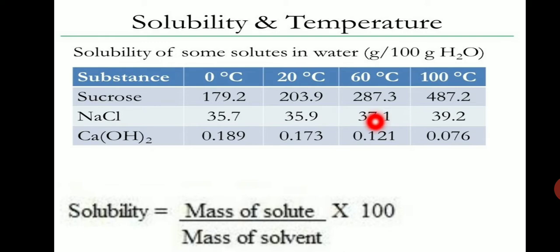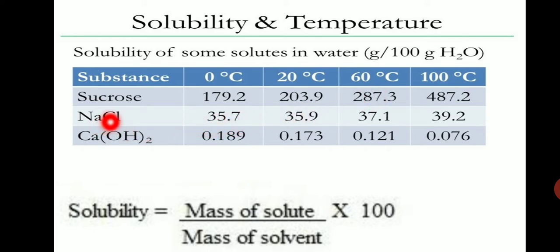In 60 degrees Celsius I can dissolve 287.3 gram. And in 100 degrees Celsius I can dissolve 487.2 gram. That means as the temperature increases, the solubility of the solute also increases. We discussed this in the last class.